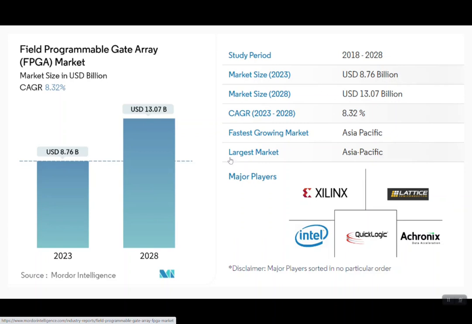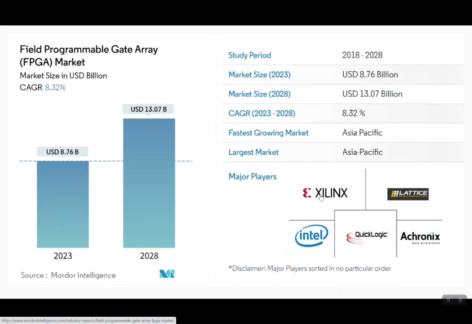I put these snapshots from the web here just to show how fast this particular market segment is growing, and secondly to show the major FPGA SoC IC manufacturers globally. These are the major players.